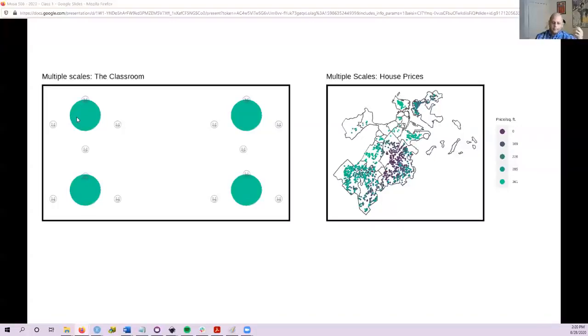Segregation is an example of both top-down external decision-making and bottom-up internal self-selection decision-making. And really, in order to understand house prices or segregation or many of these phenomena, the takeaway is you need to think about the underlying spatial process.